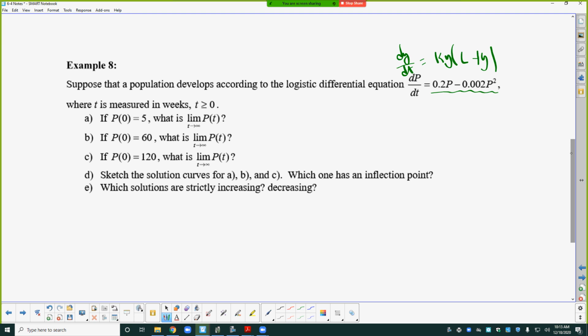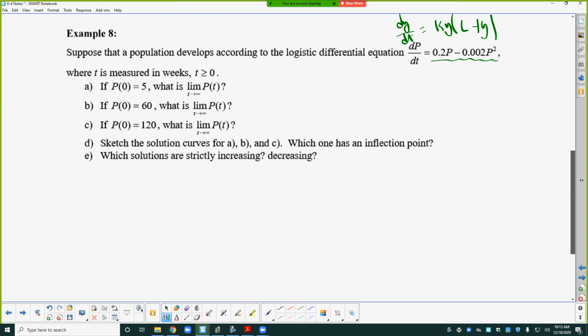So I'm going to factor out the 0.002. Once I factor out the 0.002, I get 0.002p times the quantity 0.2 divided by 0.002 minus p.